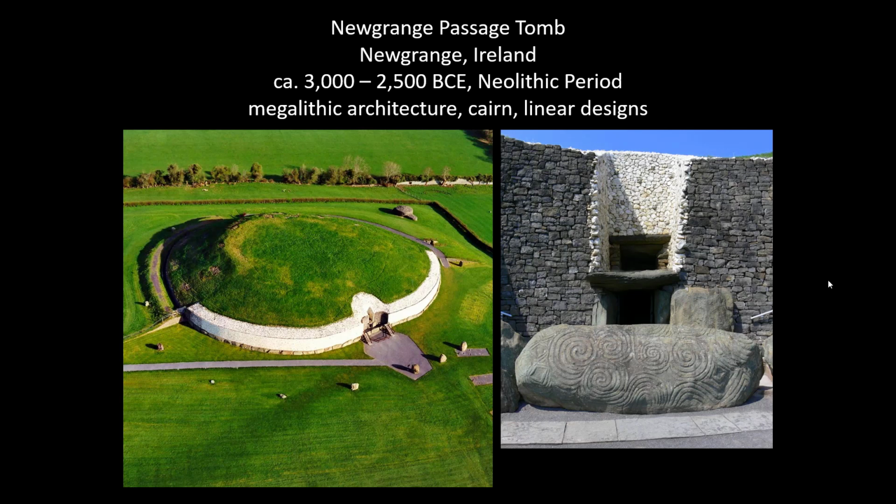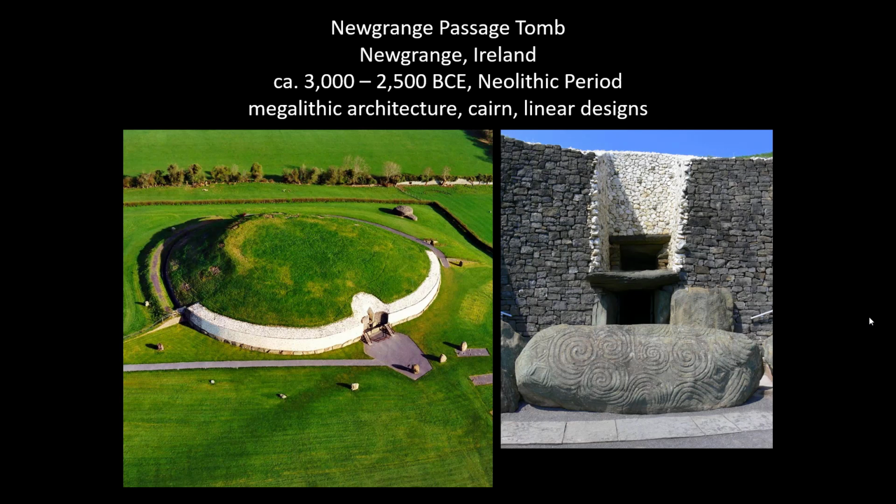Now, this structure is important because what it indicates to us is the cooperative artistic process. The operative word there is cooperation. Do you think that one person or a small group of people could build something of this magnitude on their own?